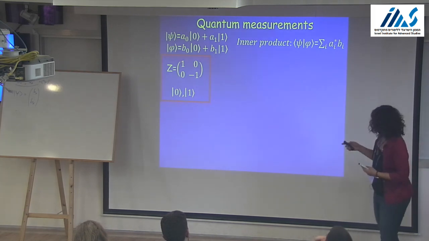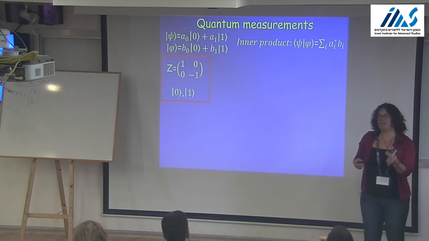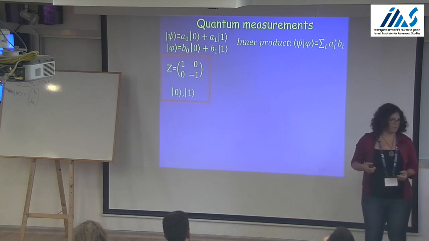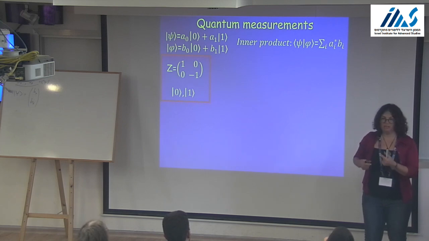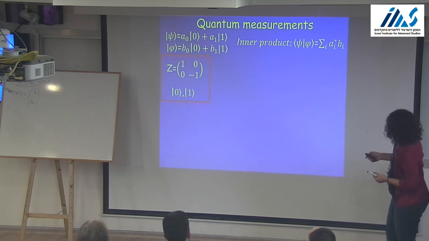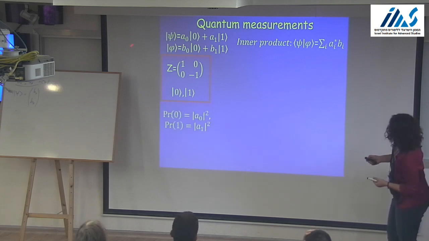And so the measurement, basically what it does is it takes the state and projects on an eigenspace with probability, which is the norm squared of the projection of this state on that eigenspace. And the result, the classical result, will be the eigenvalue.